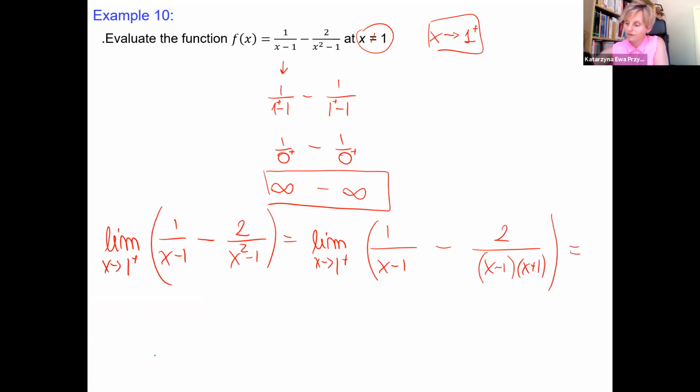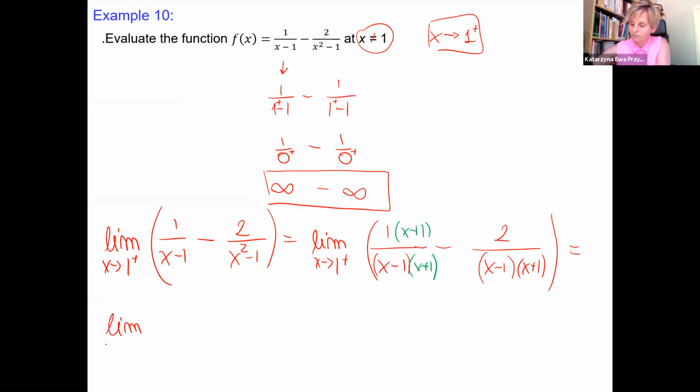Then the first fraction we can simply multiply by x plus 1. Right? Then we have the common denominator. Now the common denominator is a product of x minus 1 and x plus 1, and we will have x plus 1 minus 2.